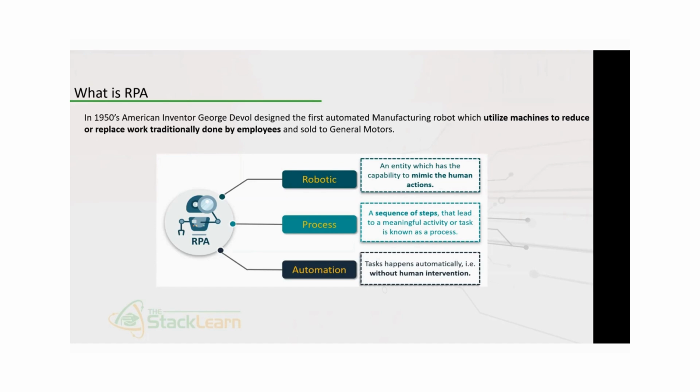It means you fetch the data from one application and populate it in another SAP application. It means you are integrating multiple technologies. So this is where RPA comes into the picture. Any questions on this?